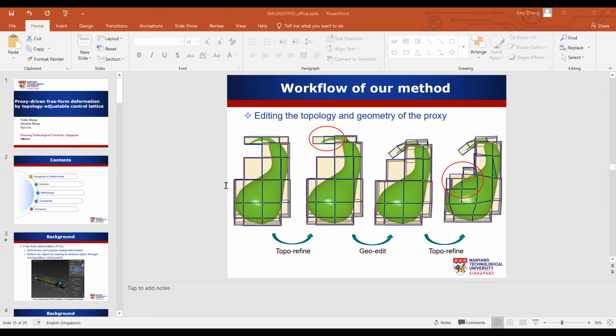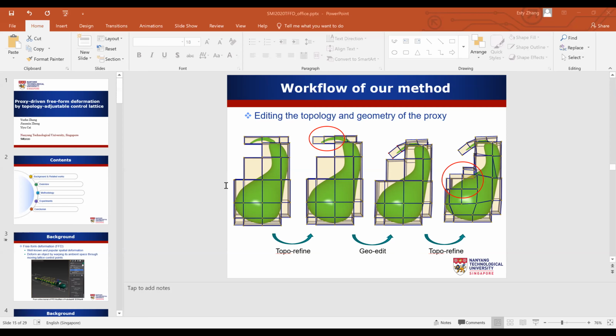The first is a flexible T structure. The second, the most important one, is a local refinement algorithm, so that the topology of the control lattice can be changed during the deformation process. No need to recalculate the parameterization.